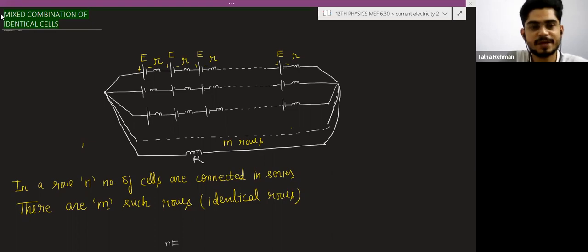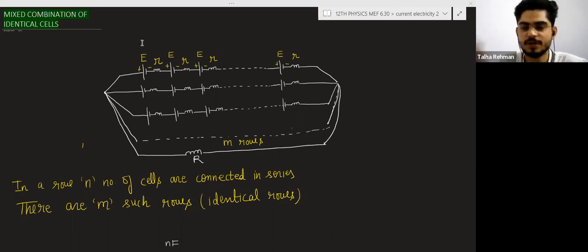When we solve the numericals on this mixed combination, your concept will be clearer. And after this chapter, we will start the magnetic effect of current.